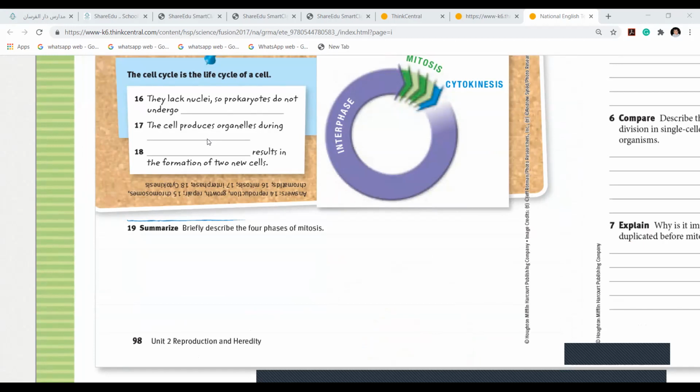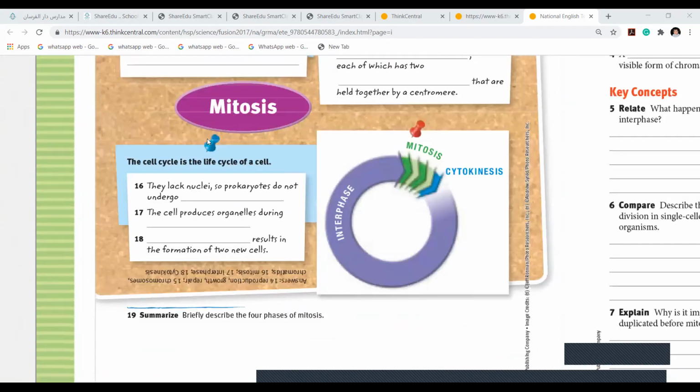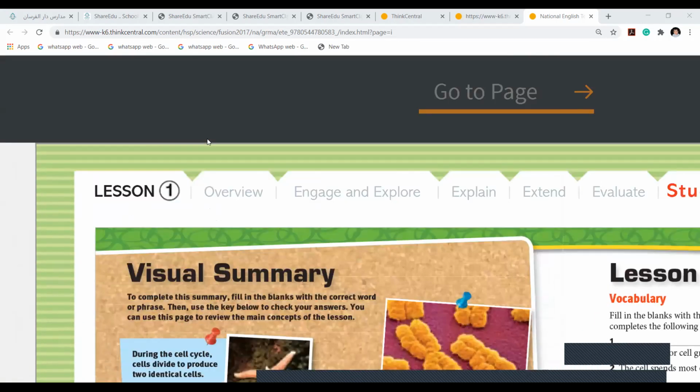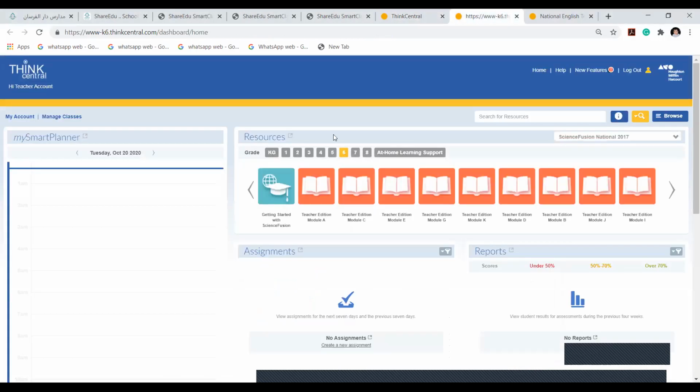Is it interphase or mitosis or cytokinesis? During the first one, interphase, they are doing their life activities. What forms when the 2 new cells are formed? Cytokinesis. Okay. Leave this. I'm going to show you the video. We'll finish up the video first.